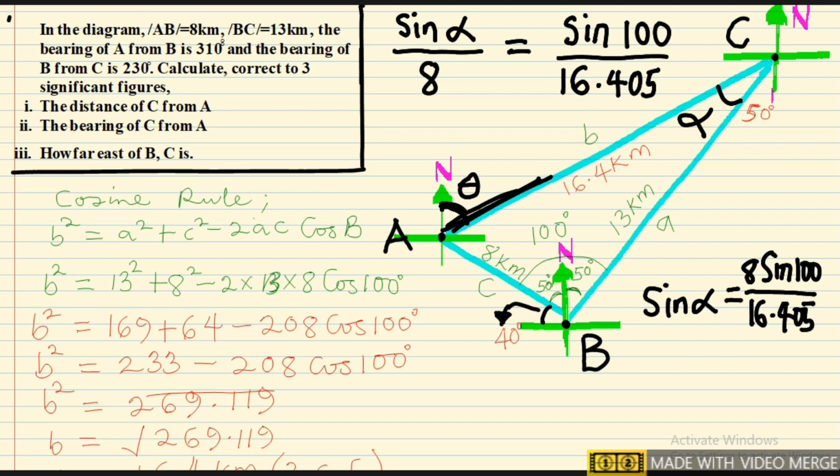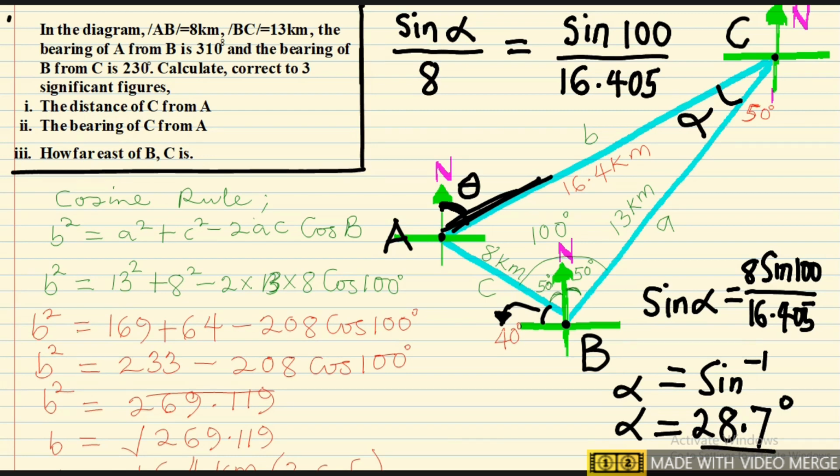Alpha becomes the arcsine of that other side. Whatever you get there, basically you're going to get alpha to be equal to 28.7 degrees. That would be the value of alpha.